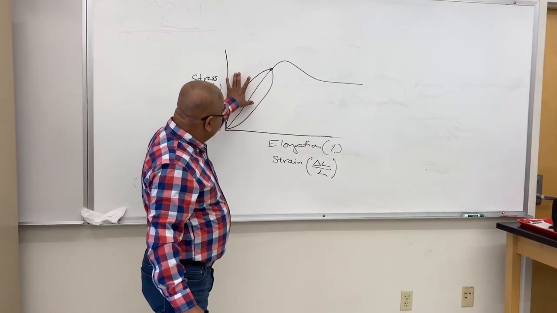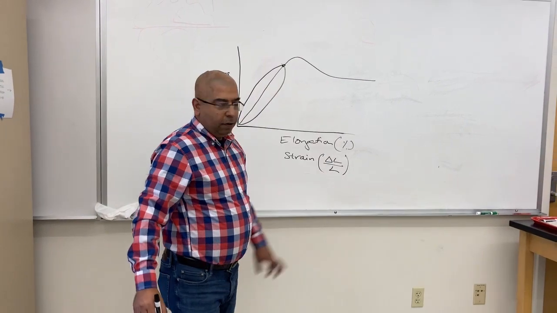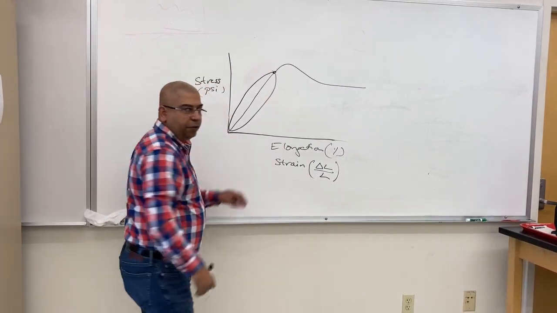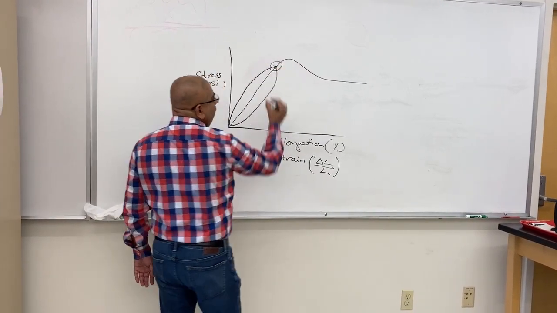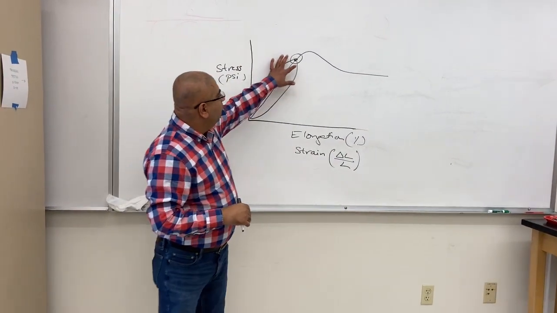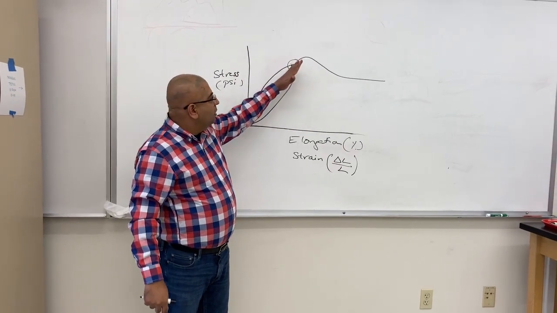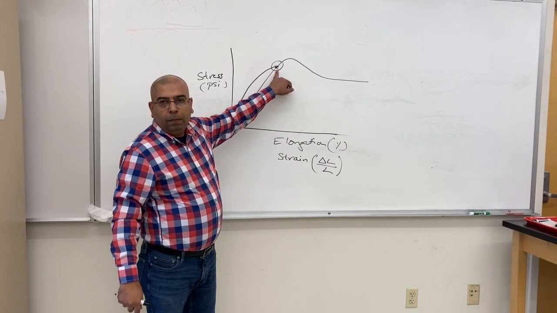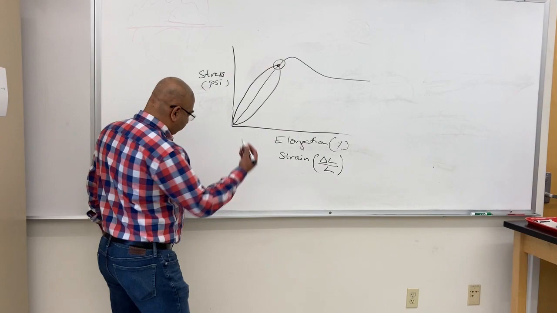So when you have linear relationship between stress and strain, this region is called the elastic region, and there would be some limit of this linear relationship. So the point where this linear relationship between stress and strain ends, that is called the proportional limit.